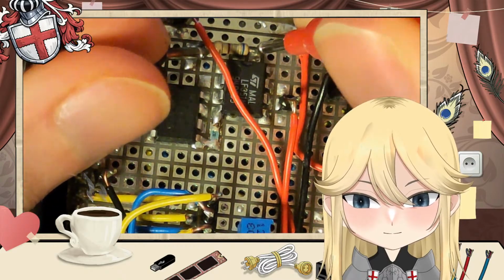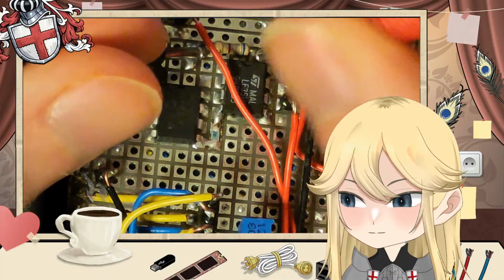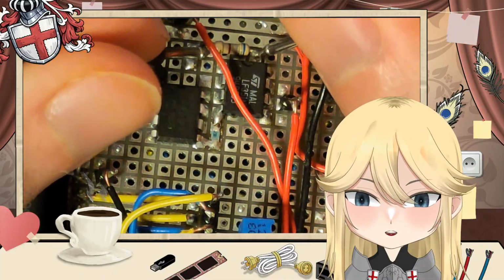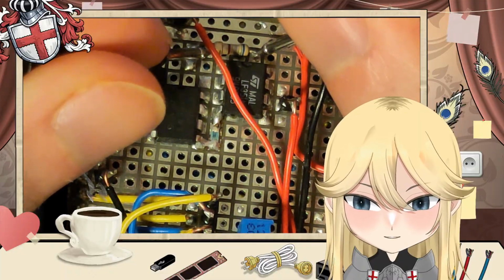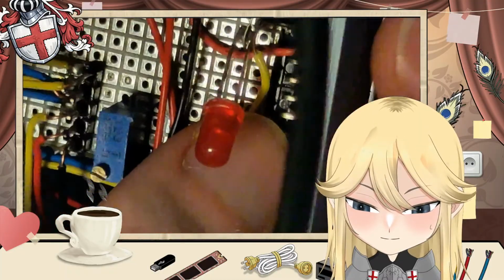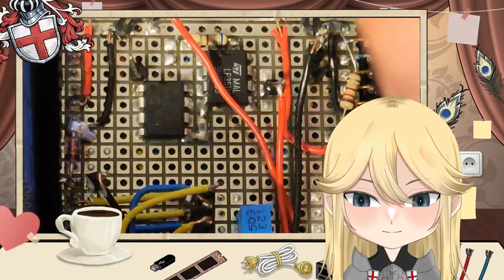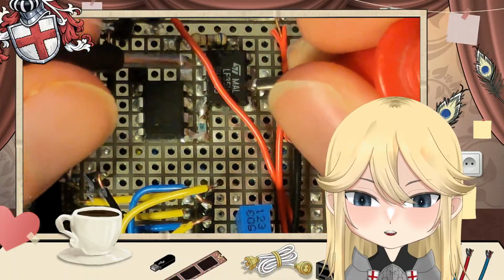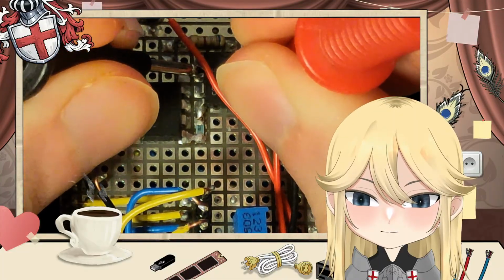Can you connect? What is going on? Okay, no, 7G. Okay, so that would mean this pin to this pin.